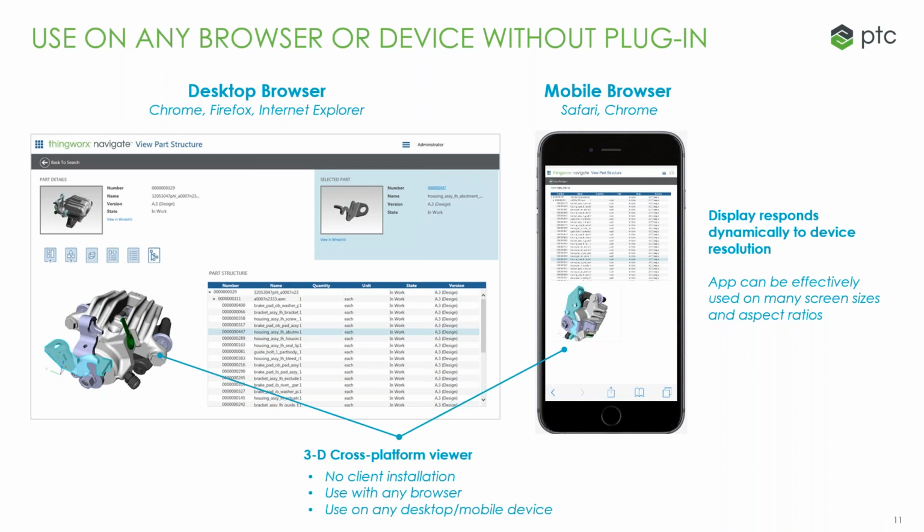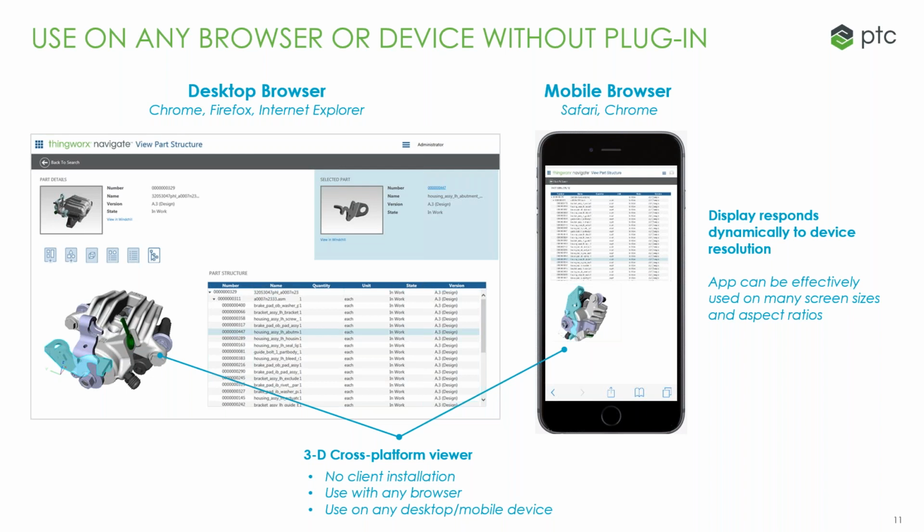This 3D viewer that has been in Windchill is now running on any platform. In the past, we could only run this on Windows devices, the Windows operating system, because it was an ActiveX plugin. Now it is a WebGL standard plugin that can work on any device.